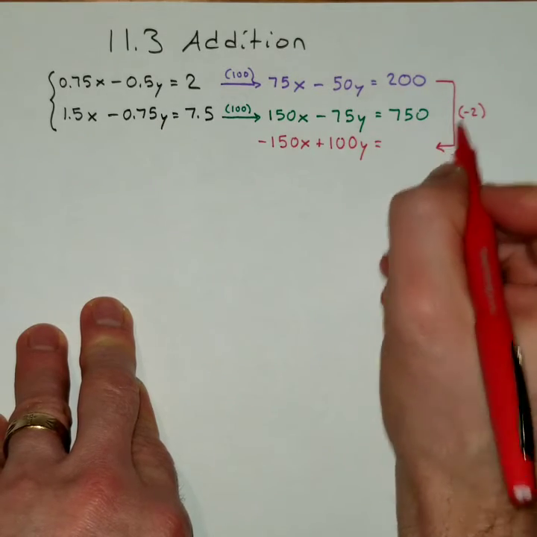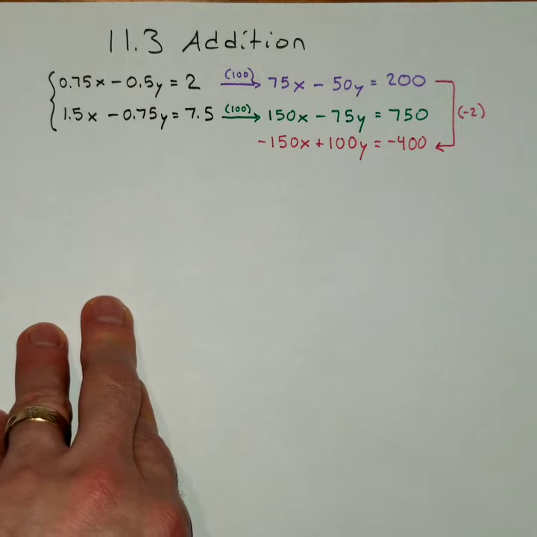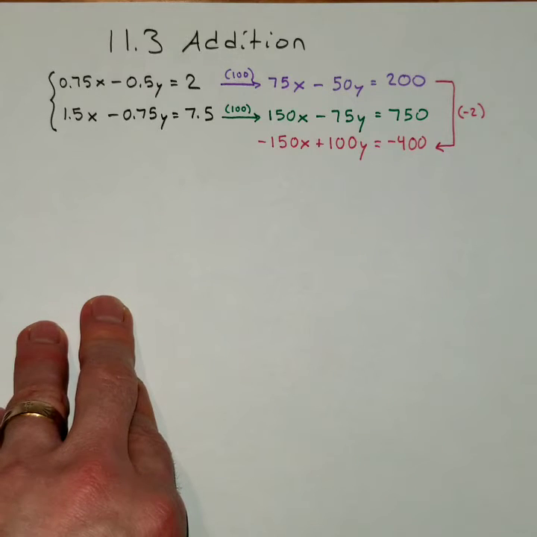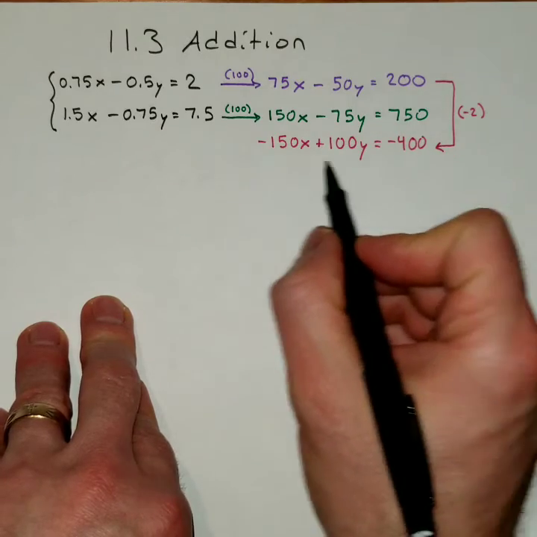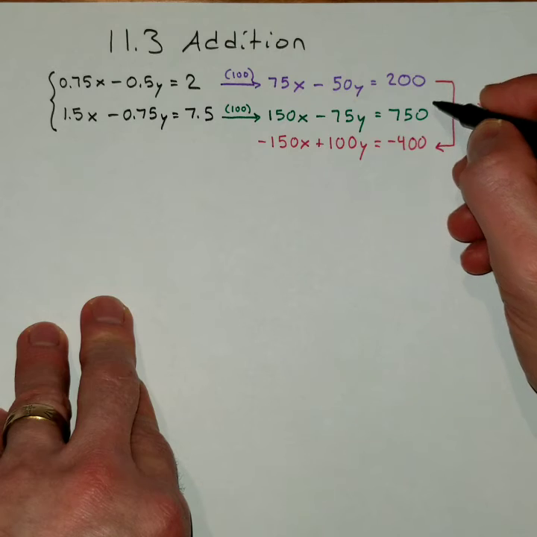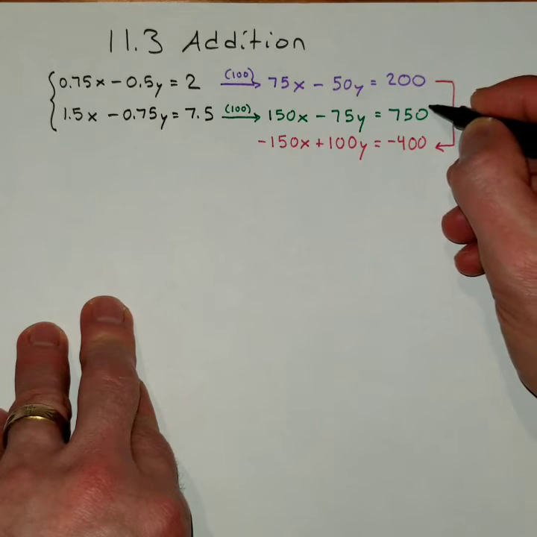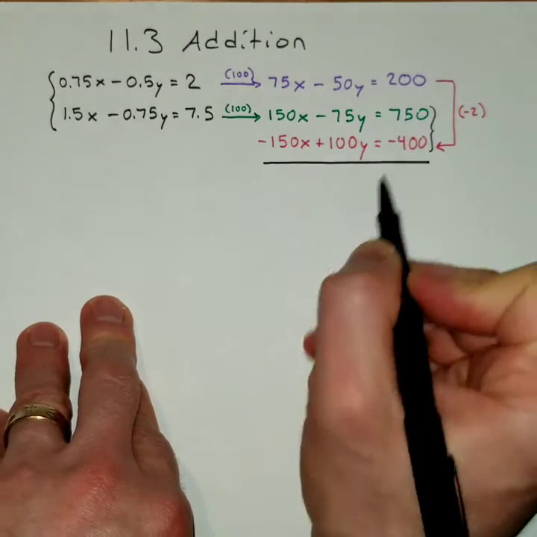And 200 times -2 is -400. Okay. Now I'm just going to utilize the bottom 2 equations and add them together. Just these 2 right here and add them up.